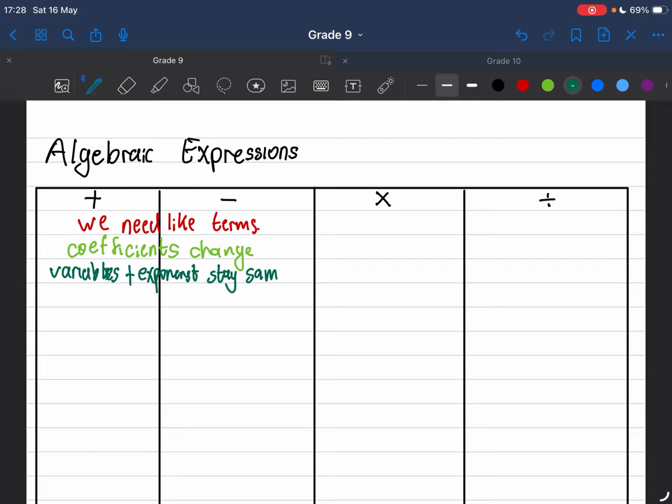With multiplication and division, we don't need like terms.